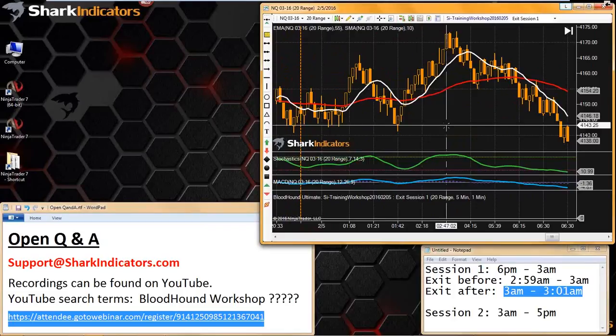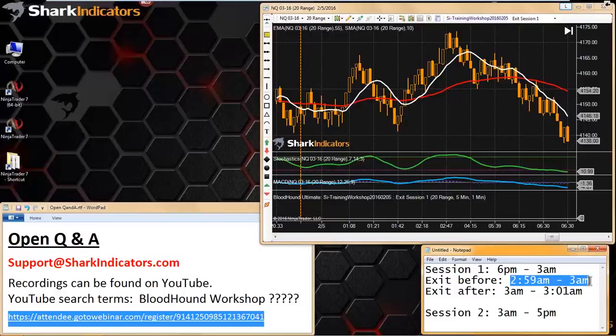Yeah, so if you're using a larger range chart, you will have to use a wider time frame because we didn't get a bar that closed inside of this 1 minute range here, right?